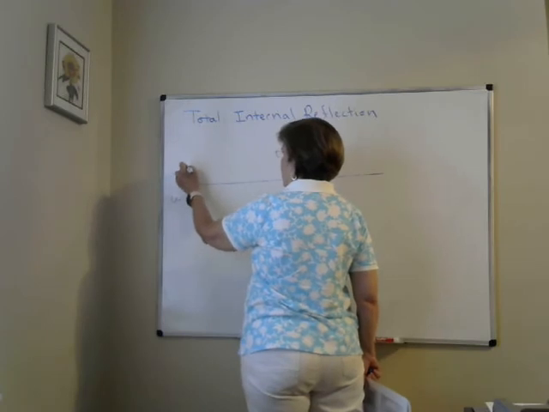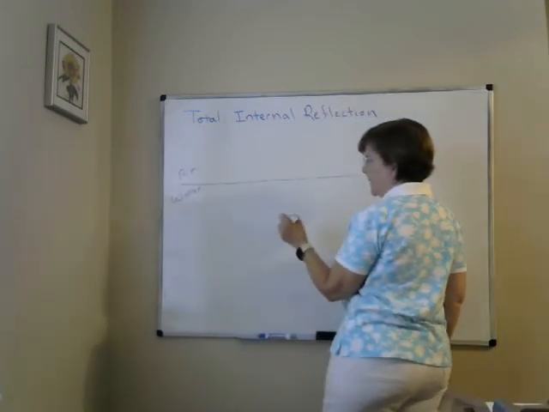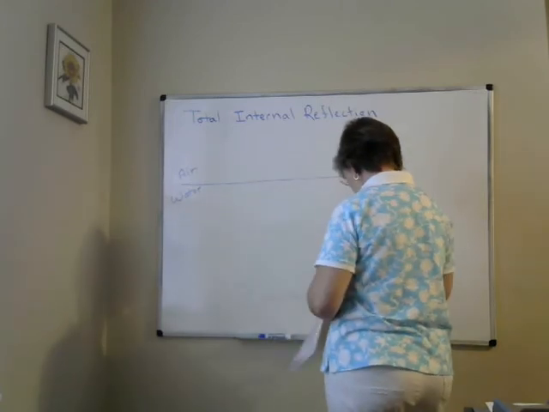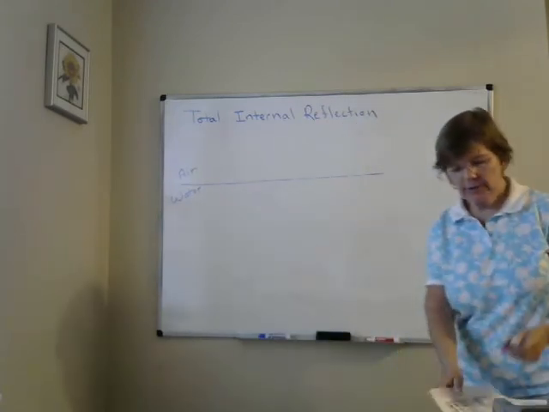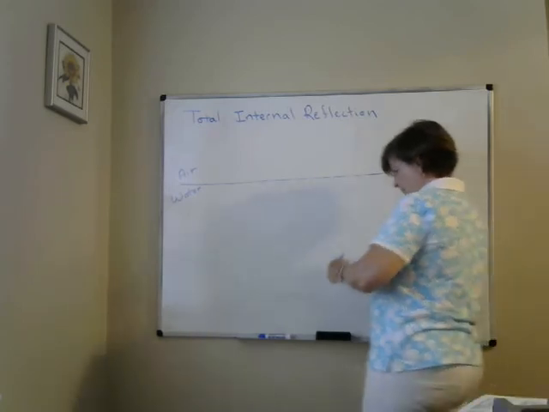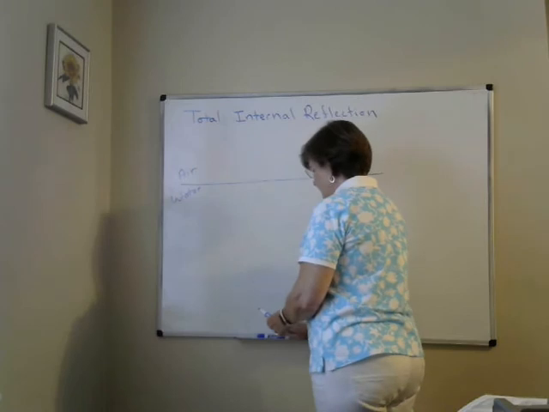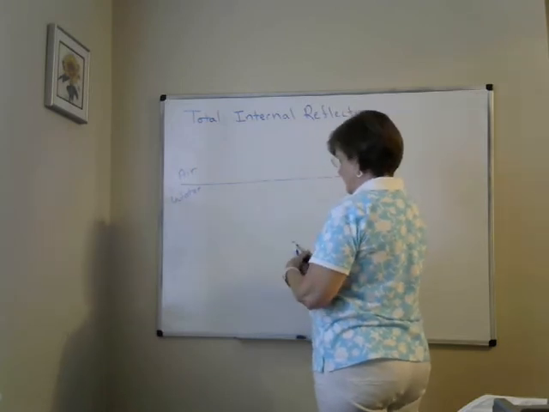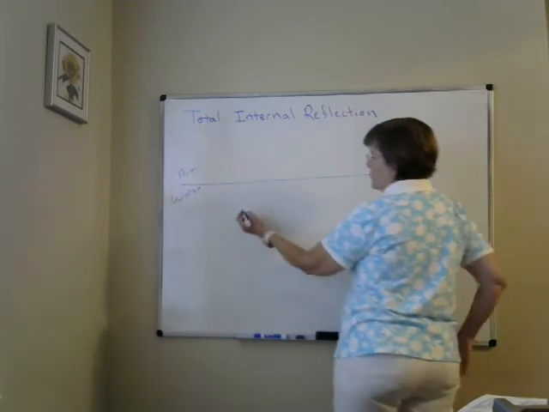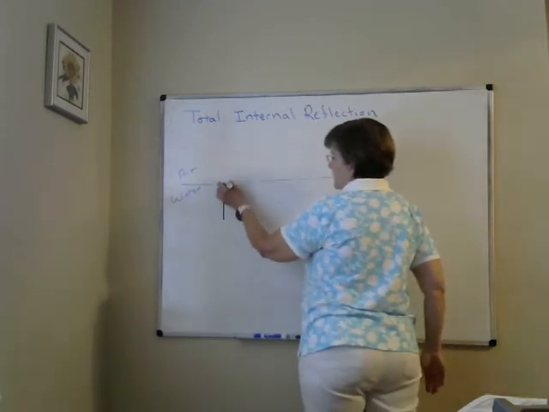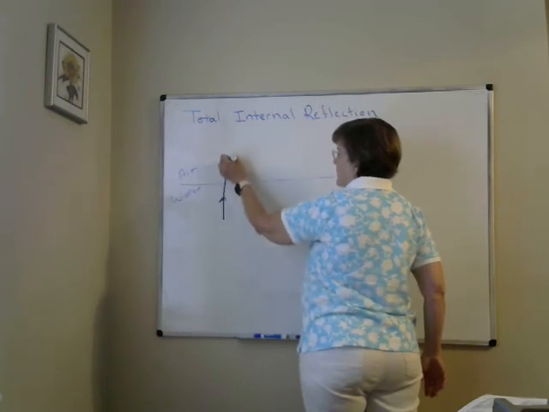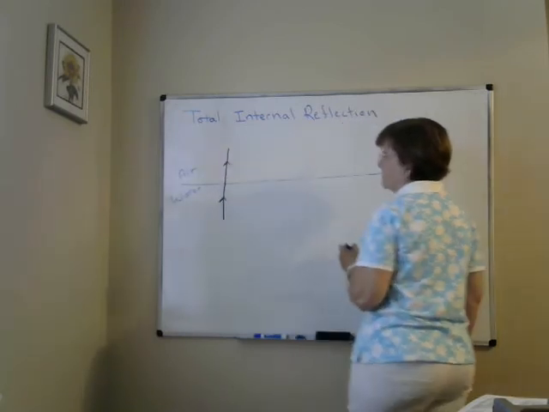and this be air. Now, if you have a light and you shine it straight up, I think I'll use purple again. Get my markers. If I shine the light straight up, it doesn't reflect or refract at all, it just travels straight up.